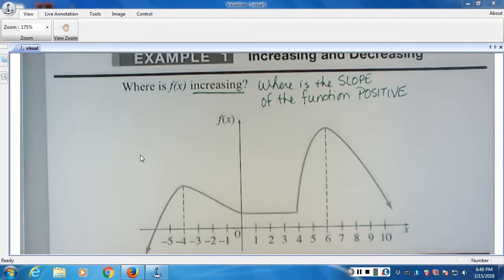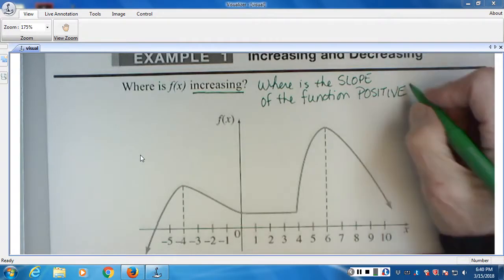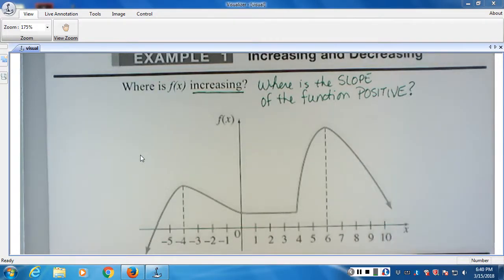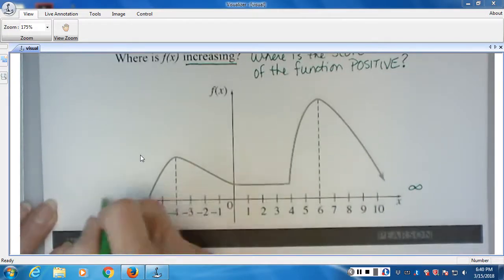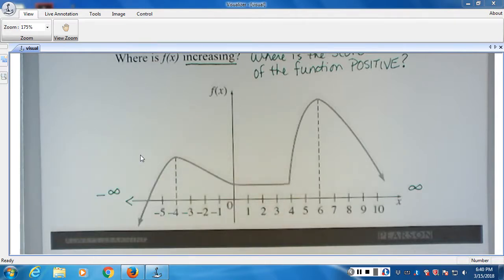That's what it's asking us. And I'm going to remind you something about interval notation. On the interval for your x-axis, the x-axis runs up to positive infinity. It also runs down to negative infinity. And every number in between can be used to express an interval.